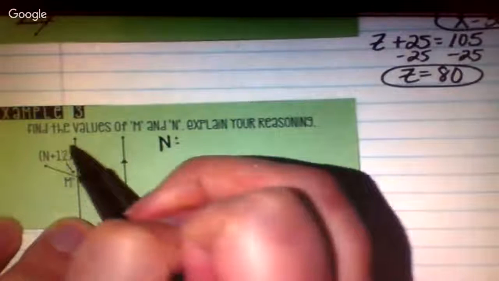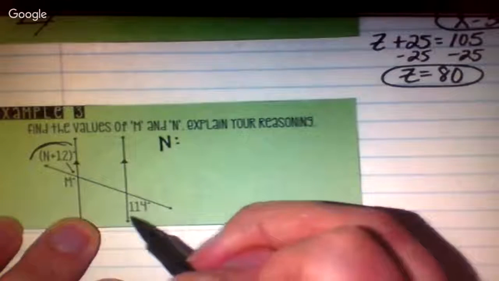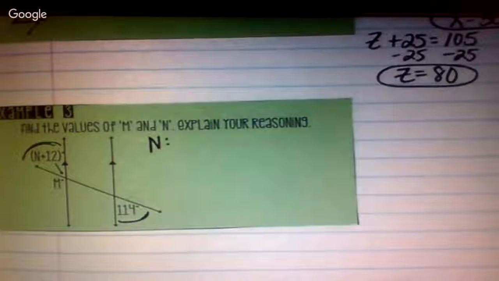Okay, the last one. I've got two variables again, M and N. Which one would you like to do first, M or N? N. Okay, so N. What relationship does N have to the part without a variable? These are alternate exterior again.